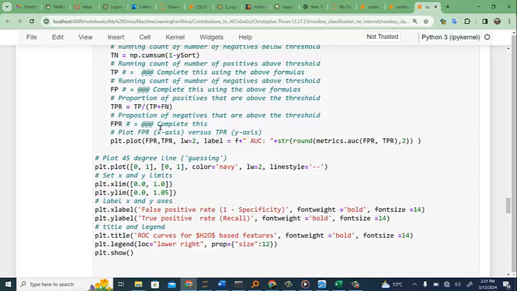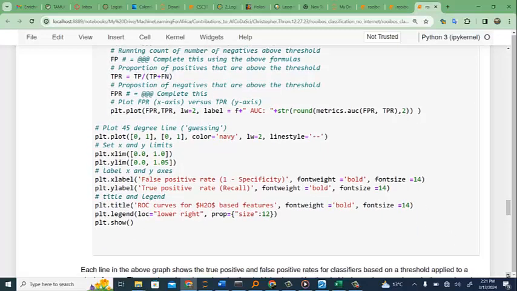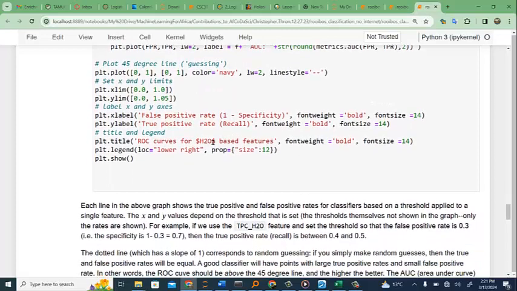So your classification should do at least as good as guessing. Now, if your classification is below the 45-degree line, something is wrong. And it's up to you to figure out what's wrong if your ROC curve is below the 45-degree line. Right? All the ROC curves should be above the 45-degree line. Right? And then these give some labels and title. You can see how this works out in the final result.